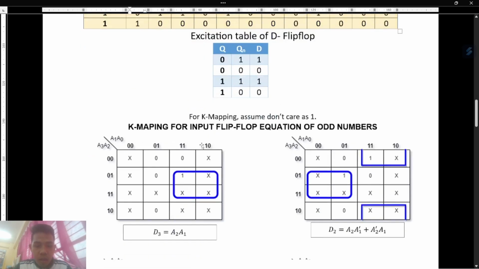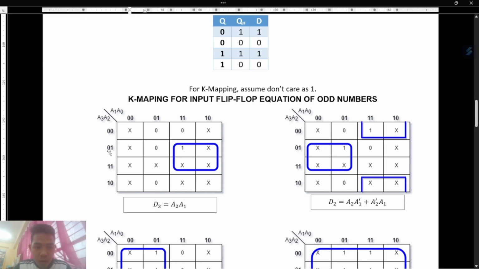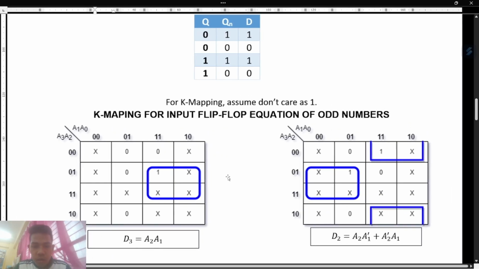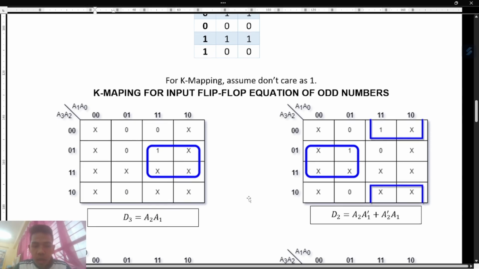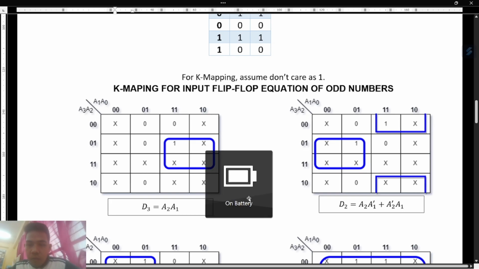The rest is don't care. So we group this for E2 and E1, so E2 and E1 for D3 of odd numbers.